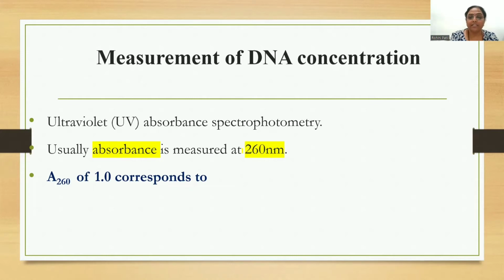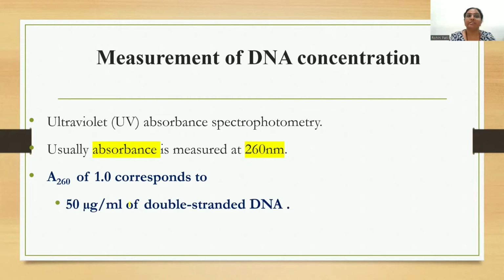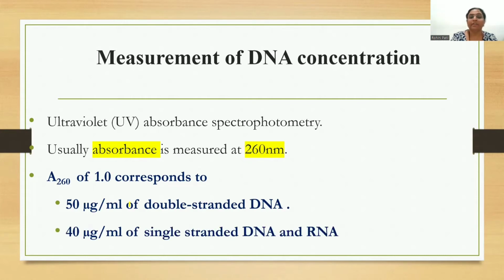Then we can say that the double stranded DNA present in a given sample is about 50 microgram per ml. And if it is single stranded DNA or RNA, then its concentration is 40 microgram per ml. So for the measurement of the concentration of the DNA, we have to go for UV spectrophotometry and select the wavelength 260 nanometer.